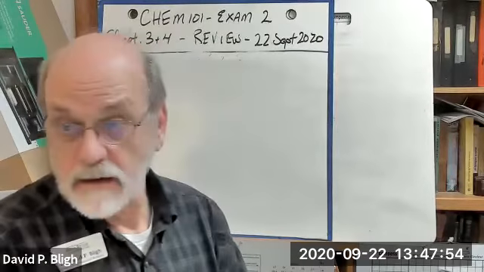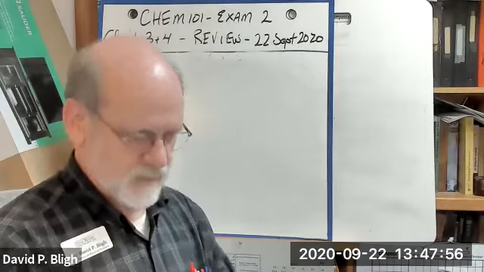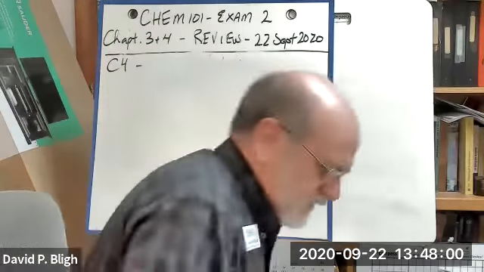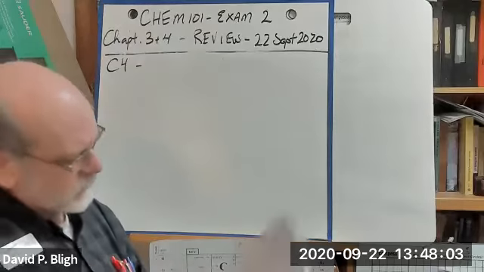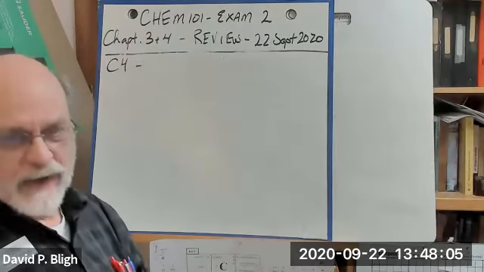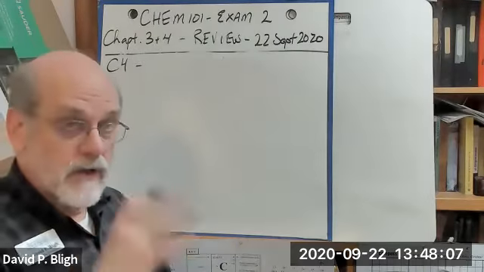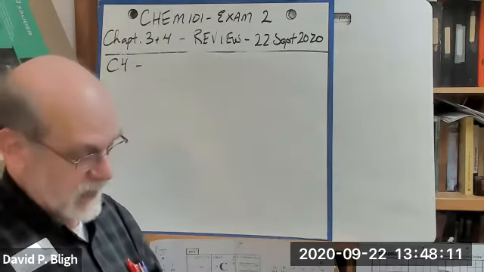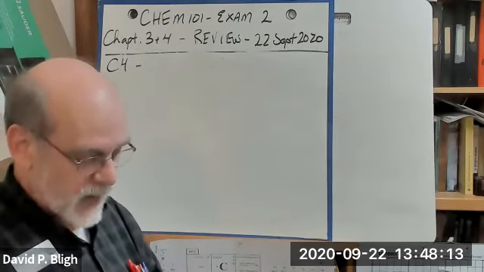Okay, still got some people hanging in there. All right, the next series of questions, 26 through 29, are there for you to identify what types of reactions we have here, recognizing reactions.